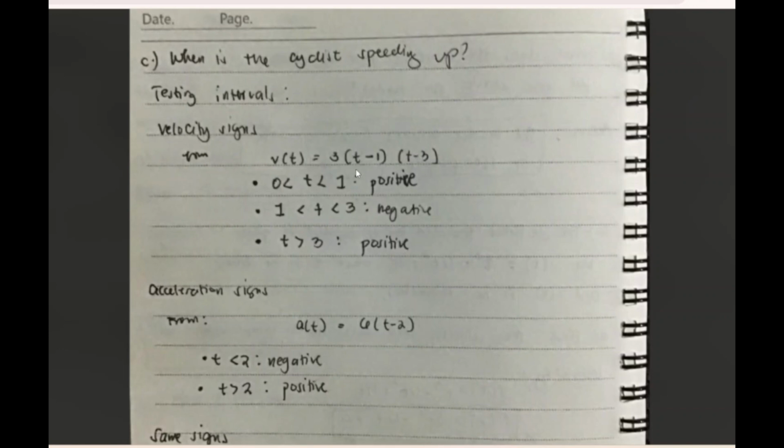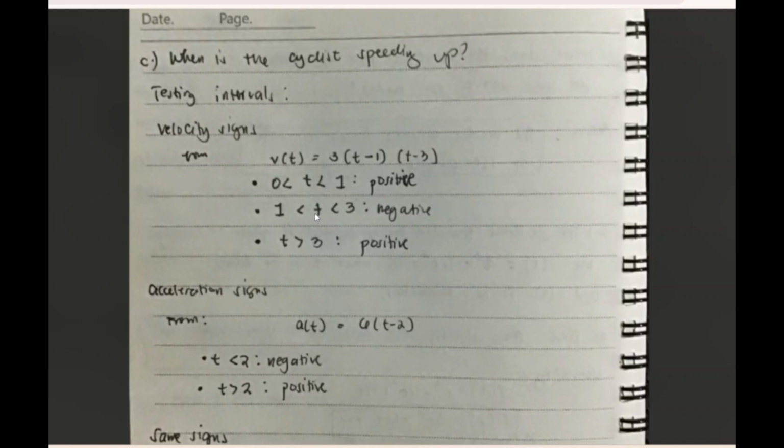So 0.1 minus 1, that is negative 0.9. So that is negative here. And then 0.1 minus 3, that is negative 2.9. So negative times negative, that's positive. And then let's try to find a number that can be used here.